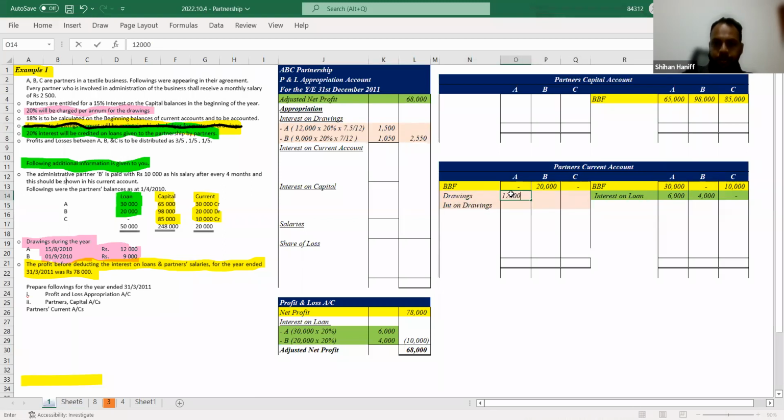Drawings 12,000 and 9,000. Interest is 1,500, 1,050. Same side. Drawings, interest on drawings, both in the same side.